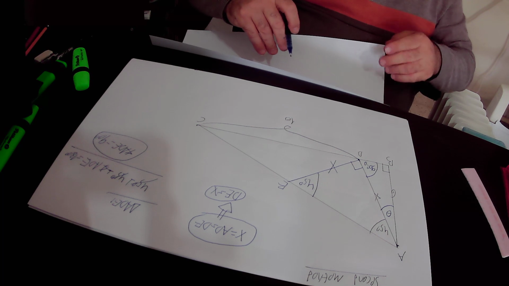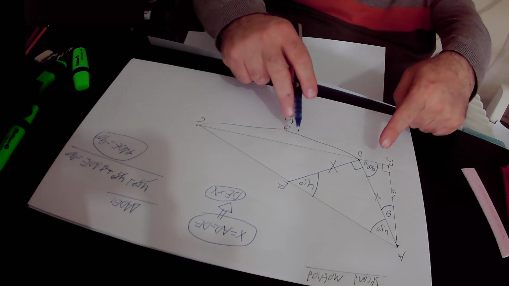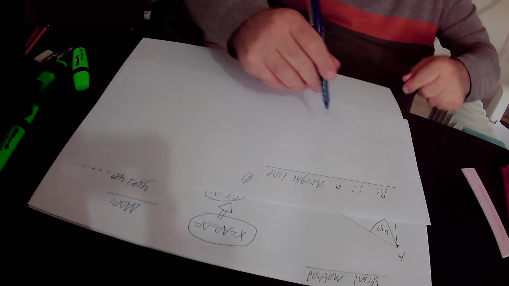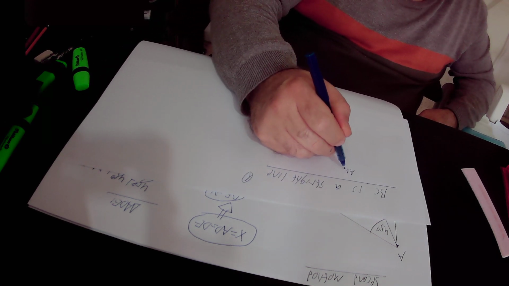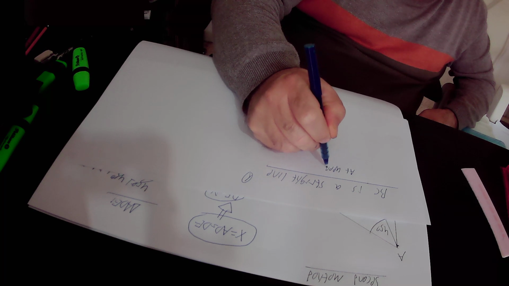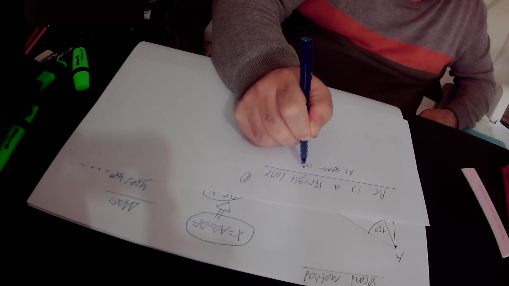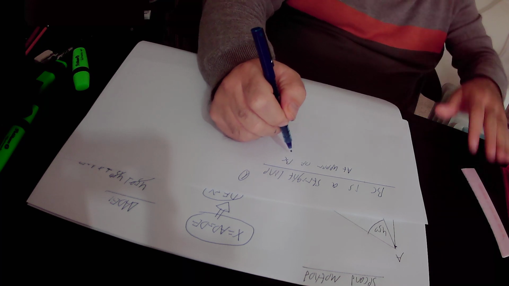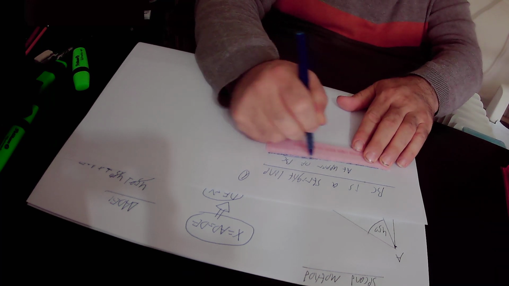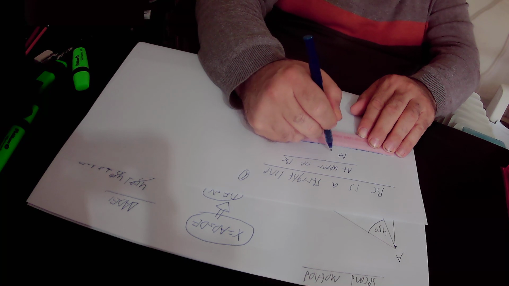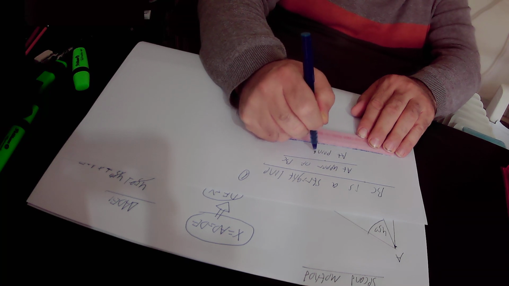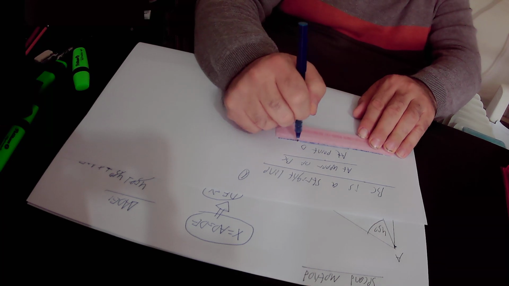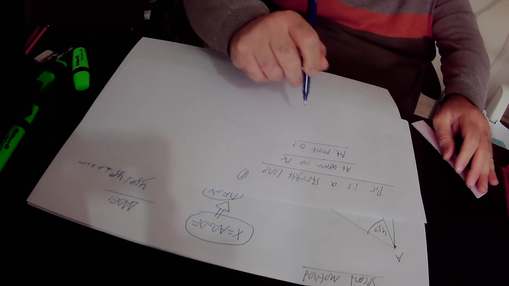So if we focus on the upper side of the straight line BC at point D, then the sum of the angles must be equal to 180 degrees, according to the rule that I mentioned.